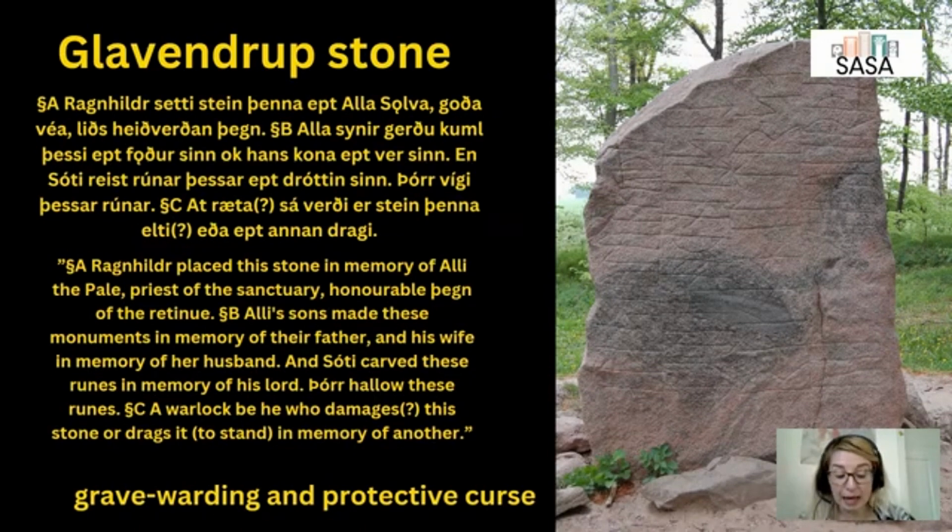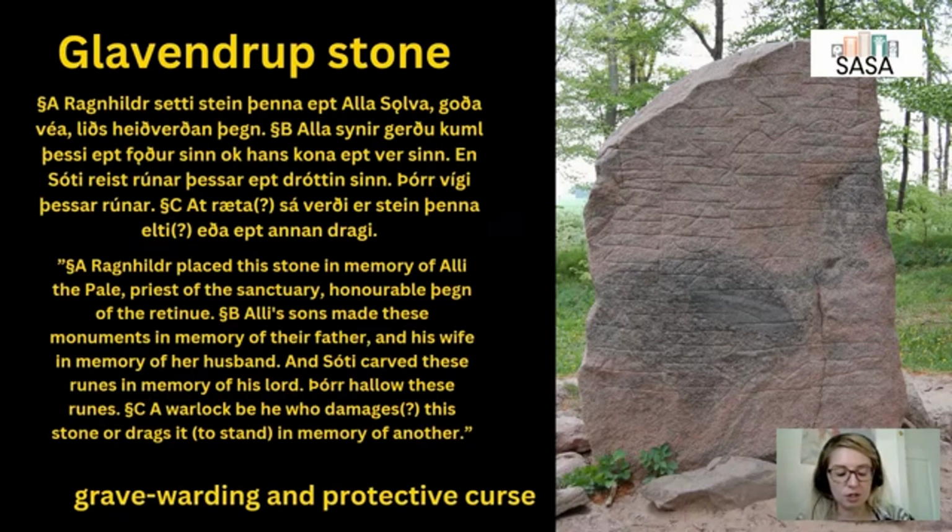Right, so Thor hallow these runes, and then we have the interesting part. He who damages the stone or drags it to stand in memory of another, he should become a warlock. Now, again, this is very interesting. The translation warlock, you shouldn't be thinking particularly about magicians here. You should, again, be thinking about that concept I mentioned before, the arger concept.